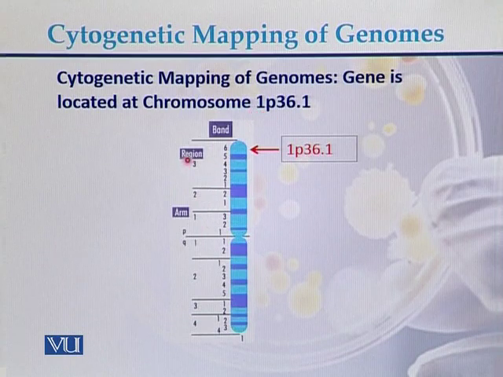P is the arm, the shorter one. Then 3 is the region, here is the 3. Then 6 is the band, here is the 6, and then 0.1 is the subband. So it means the gene located at 1p36.1 is located on this band of the chromosome.